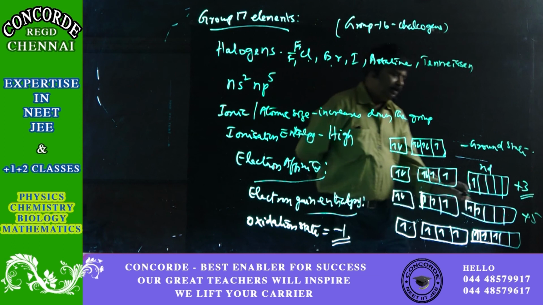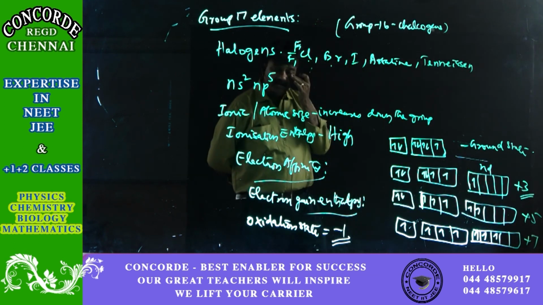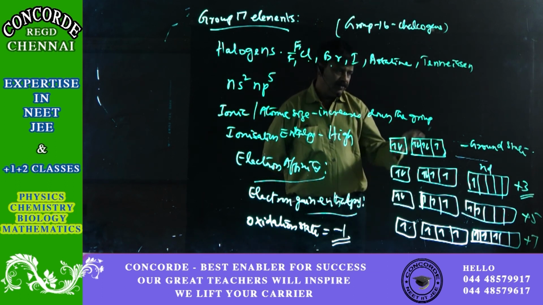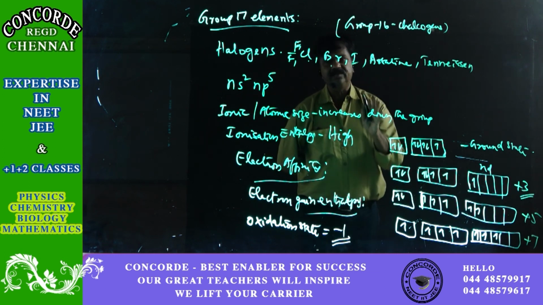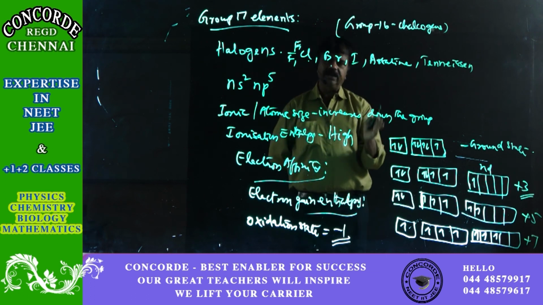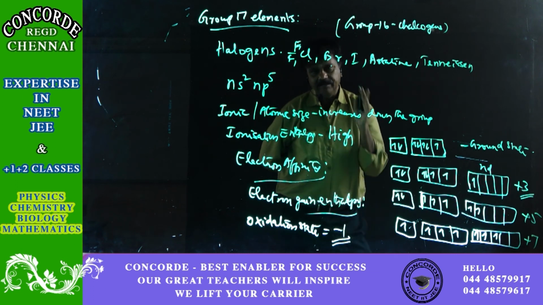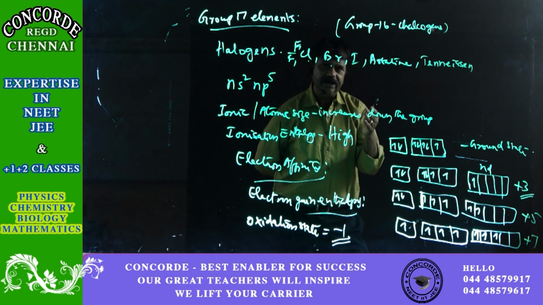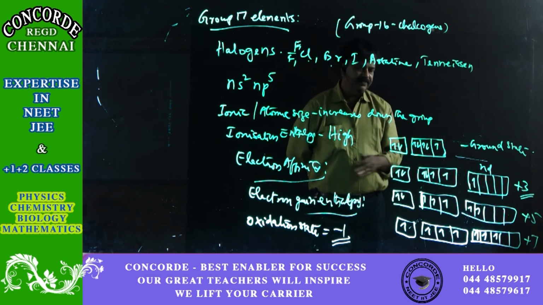So the vacant nd orbitals are utilized for taking the excited electron to the next level, so that the +3, +5 or +7 oxidation state is possible. But this happens only when chlorine, bromine, iodine react with a more electronegative element than themselves, like fluorine or oxygen. They have only a tendency to accept electrons, but when they react with a more electronegative element, they show these plus oxidation states.